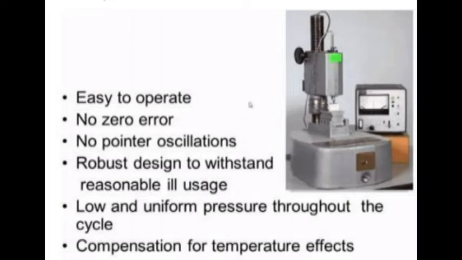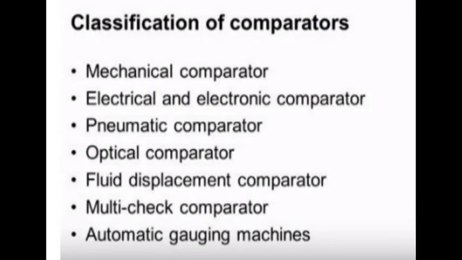Now, how are these comparators classified depending upon the design? They are classified as mechanical comparators, electrical and electronic comparators, pneumatic comparators, optical comparators which use an optical system, fluid displacement comparators, multi-check comparators in which multiple dimensions can be checked at a time, and automatic gauging machines also.